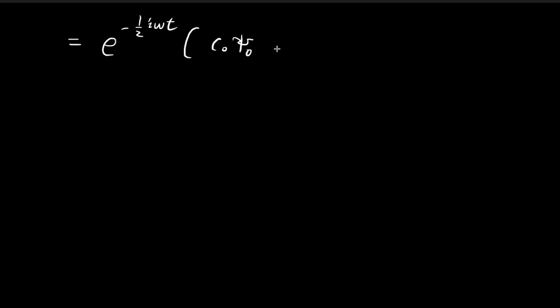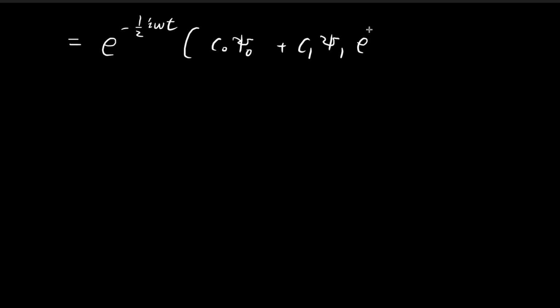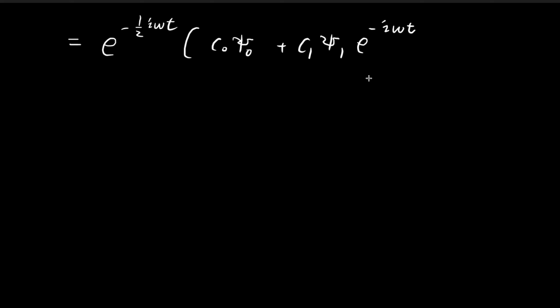And then for the second term, I will have plus C1 xi1. I've pulled out 1/2 i omega t over here, so I'm going to be left with 1 i omega t. So I'll have e to the power of negative i omega t. And here I've pulled out 1/2 again, so I'll be left with 2 i omega t. So I'll have plus C2 xi2 times e to the power of negative 2i omega t.